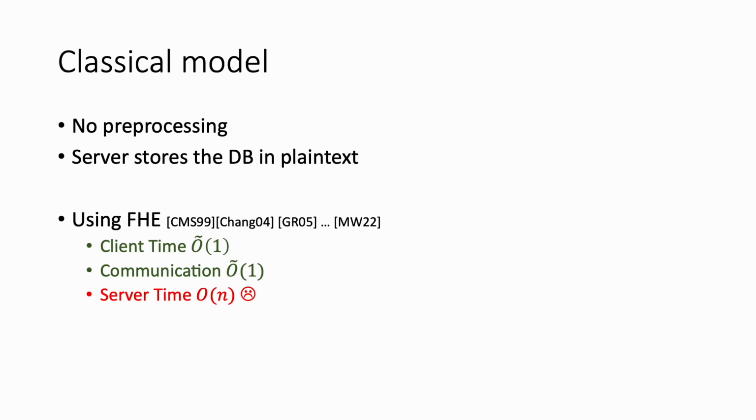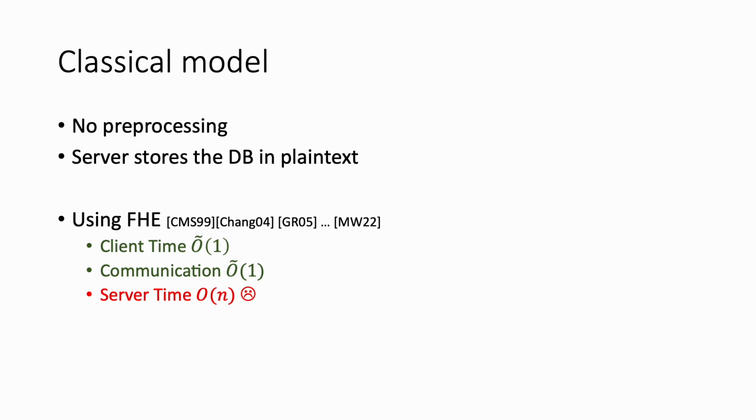So let me get into more technical details here. There's something called the classical model of private information retrieval. There's no preprocessing in this model, and we generally assume the server stores the database in plaintext. Using fully homomorphic encryption, the best algorithm can achieve polylog client time and polylog communication, but the server time is linear in the database size.